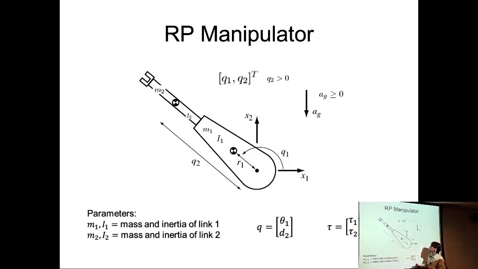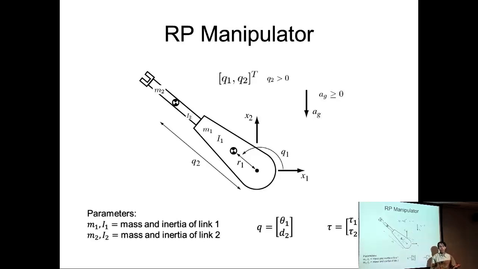Now the masses of the two rigid bodies are m1 and m2 respectively. Likewise, the moments of inertia are just I1 and I2 respectively. In this system, it's a planar system. So here, we'll assume that gravity is pointing down, and our workspace coordinates are x and y, or x1, x2, with gravity pointing down.